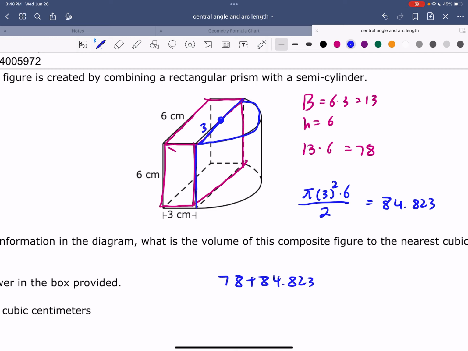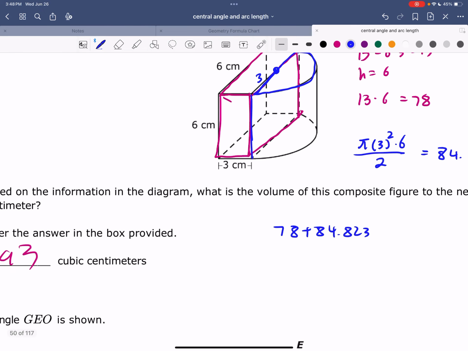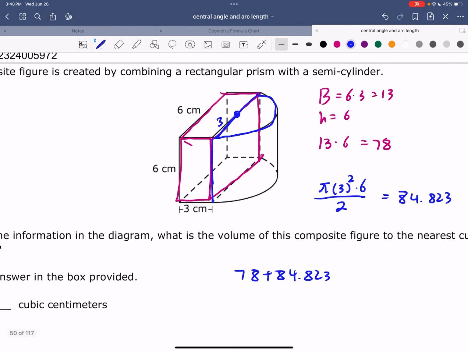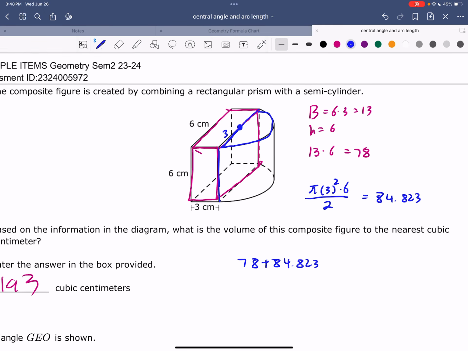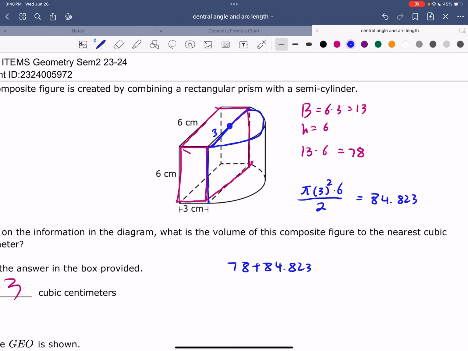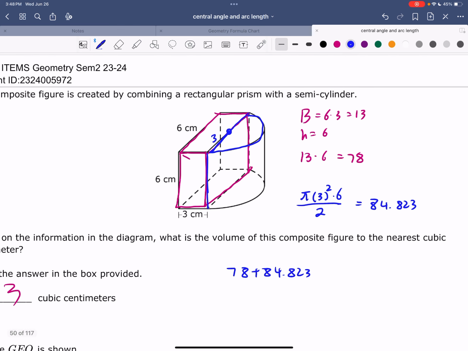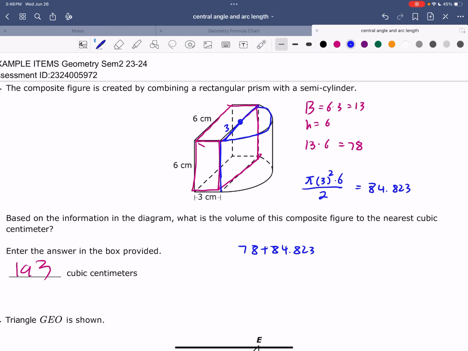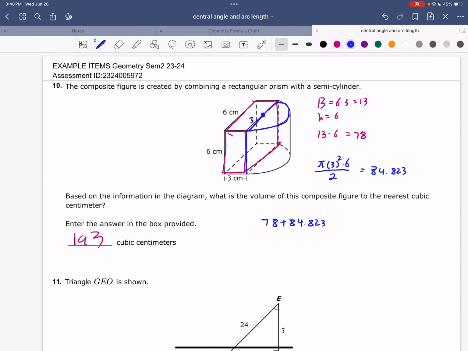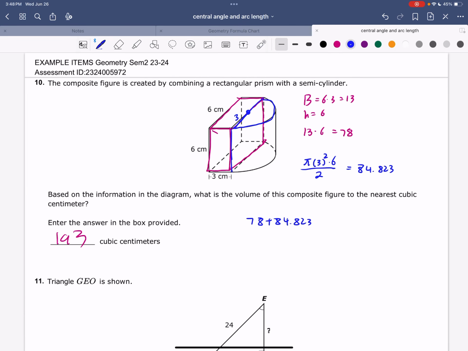Now I'm going to do 78 plus 84.823. If I combine them together, I'm going to get... did I mess up somewhere? Pi r squared h, divided by 2, and base, which is 6 times... Yeah, I think... oh, whoa.